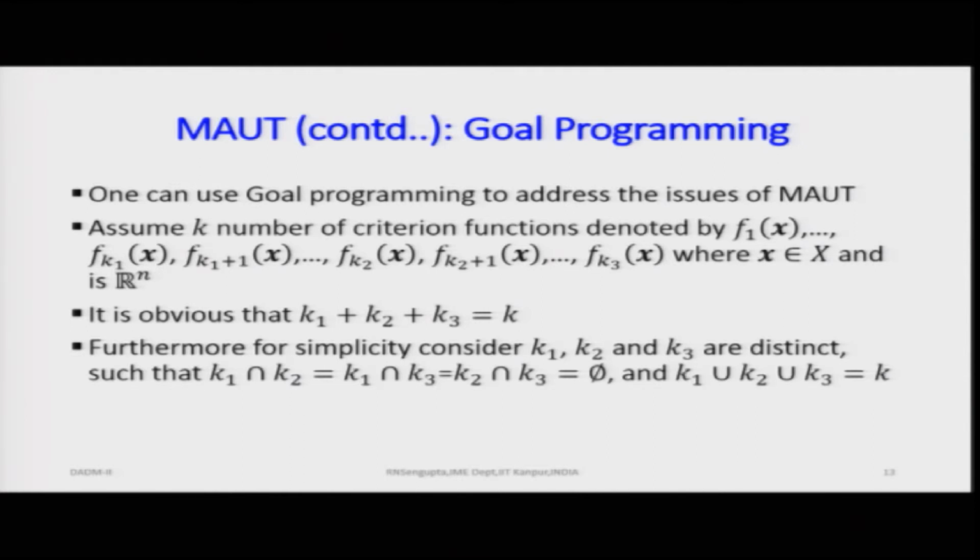Another set would be fk2 plus 1 to fk3, such that it is obviously true that the union of k1, k2, k3 is k. So, you have divided the whole set of objective functions into 3 groups, k1, k2, k3, and you also consider why you are doing it, because you want to achieve some maximization and some minimization for them.